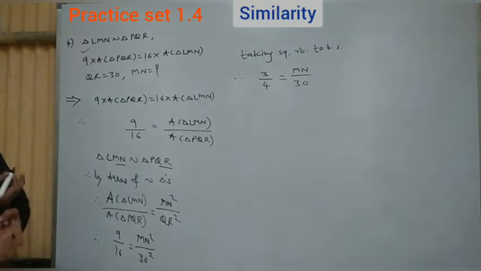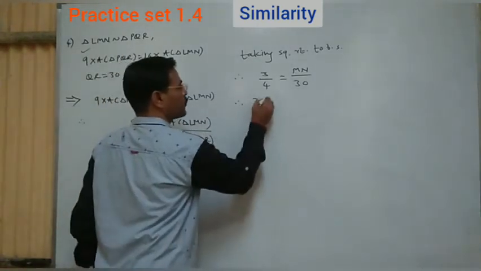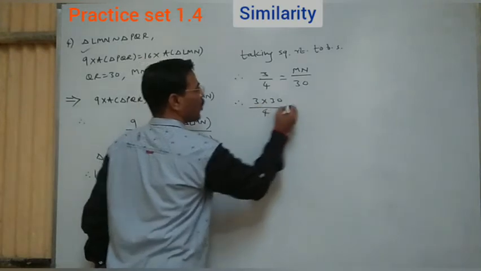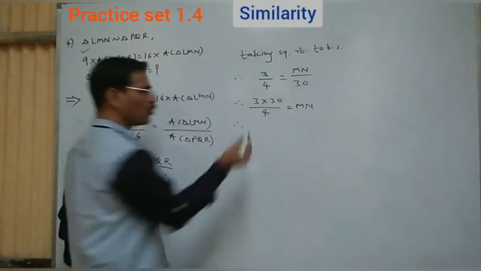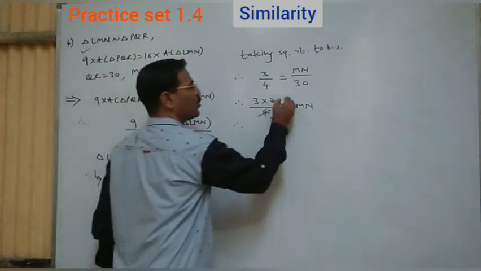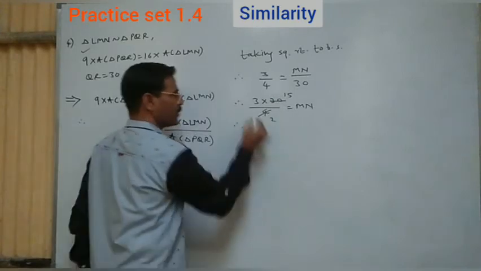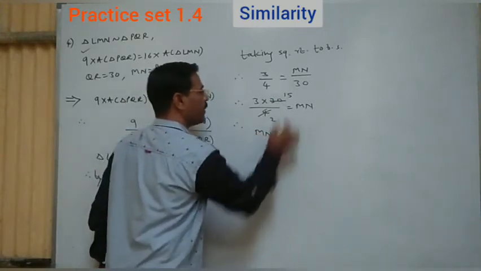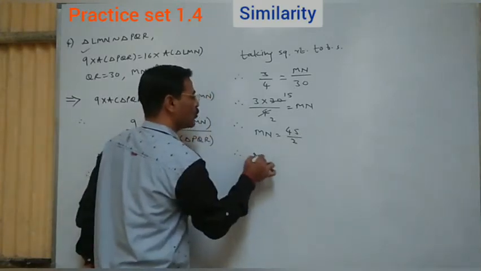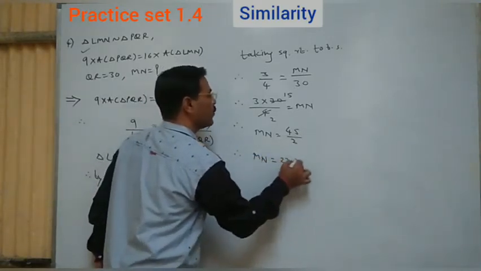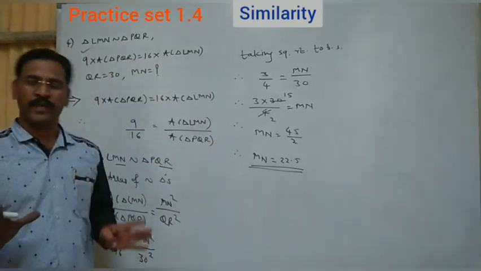Now just go with cross multiplication, or take that QR to this side. So 3 into QR upon 4, and we can find MN. See, it is divisible by 2s, 2 2s, 2 15s, or 2 1s, 1 remains, 2 5s. So here it is, MN means 15 3s, 45 upon 2. So MN is nothing but 22.5, which is half of 45. Understand?